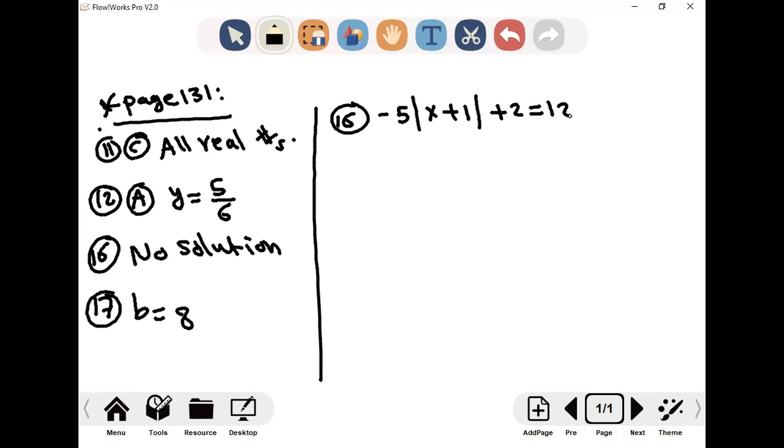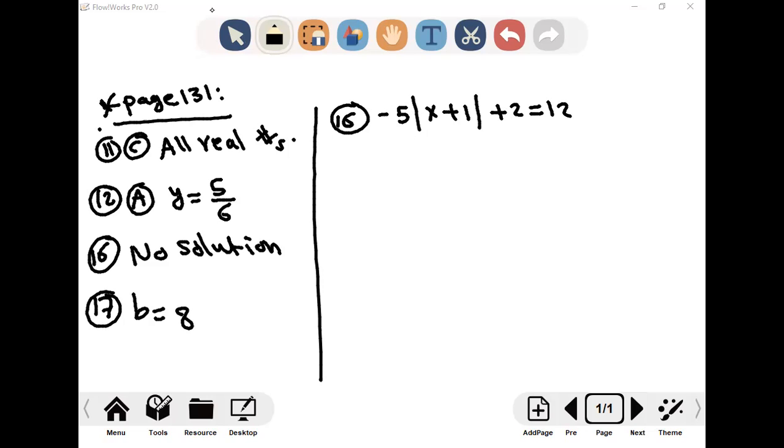Now, we said that to start with the absolute value, we need to make the absolute value alone, right? So I need to get rid of this positive 2, then this -5. Plus 2, we shift it here, it will be -2. And here we have multiplication. Let's divide after we shift the plus 2.